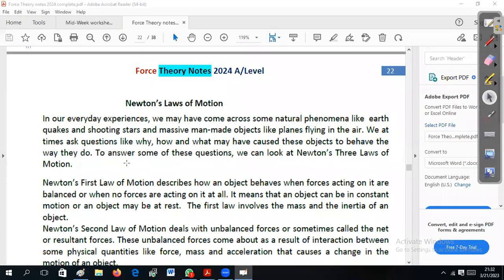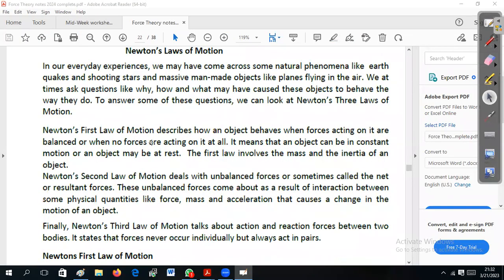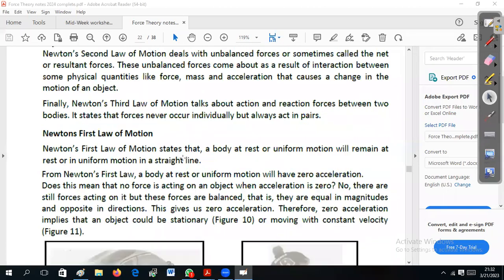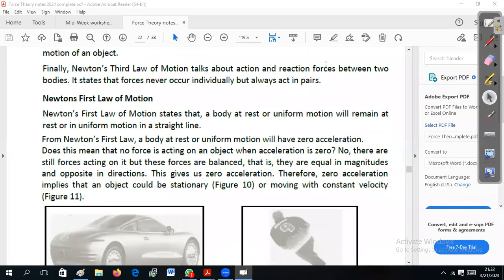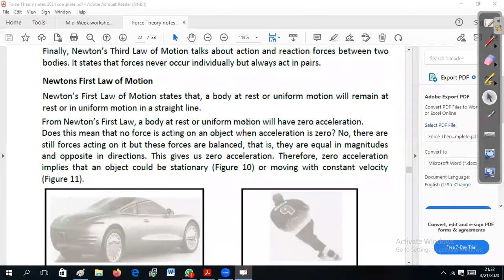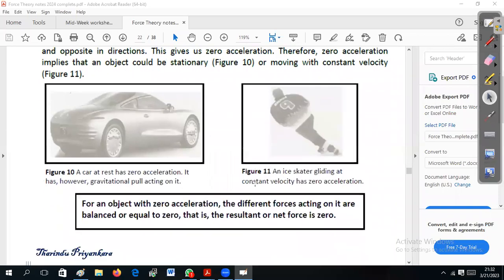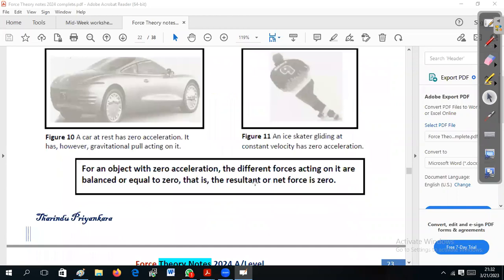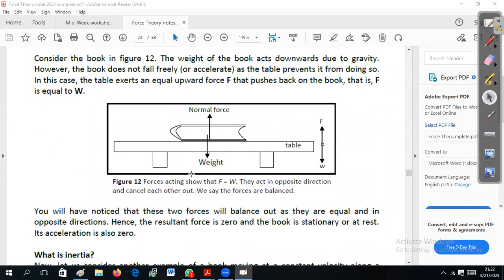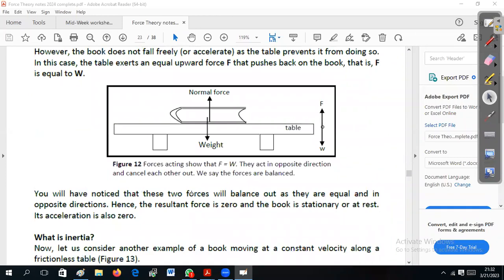Newton's laws of motion here, because we have three laws. The third law is like action reaction. The first law, zero acceleration, you know already. So how to look at this?